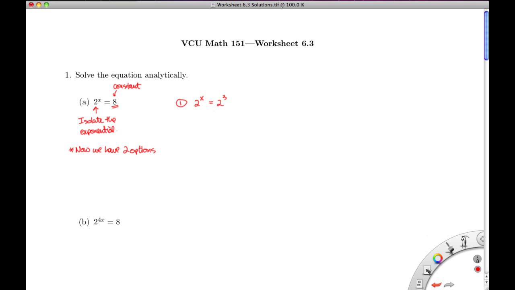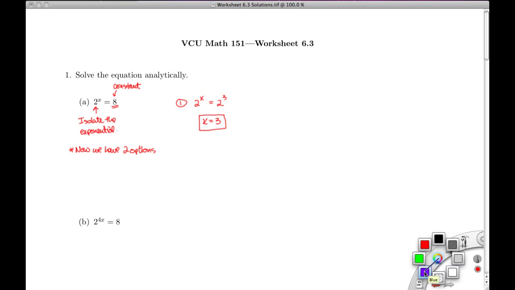Now, in order to maintain this equality, the only thing that can be true is that these two exponents have to be equal to each other. The bases are the same, so x would have to be equal to 3. So we can equate the two exponents, which gives us our solution that x is equal to 3. When we can rewrite the constant as an exponential with the same base as the others, this really works to our advantage.